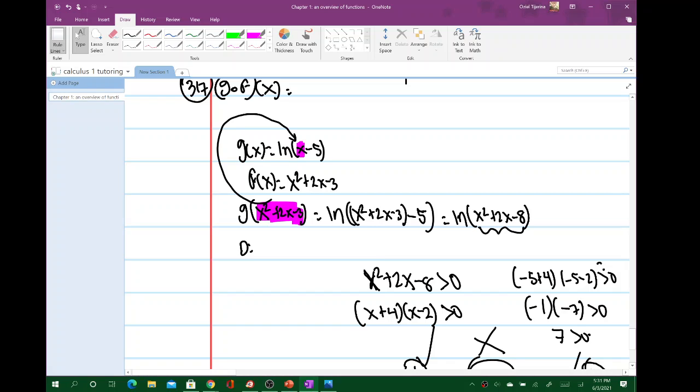You know what I mean? So in reality, the domain of this function would be, so let's see here. Give me 1 second.